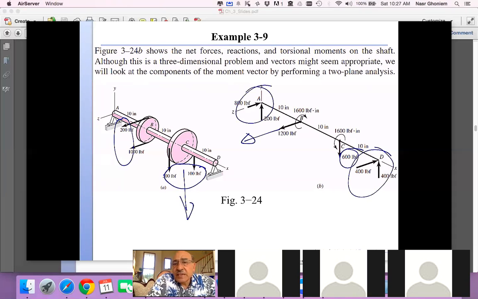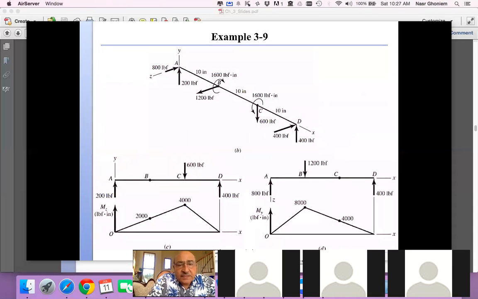So we can determine that from statics, and they're going to give us a moment distribution that is linear, but on two different planes. So if you look here, this is the linear distribution of the moment M sub z on the xy plane, and then you have M sub y on the xz plane.